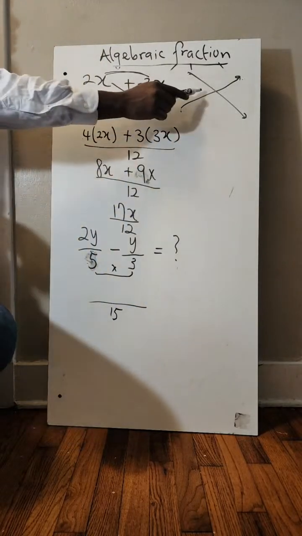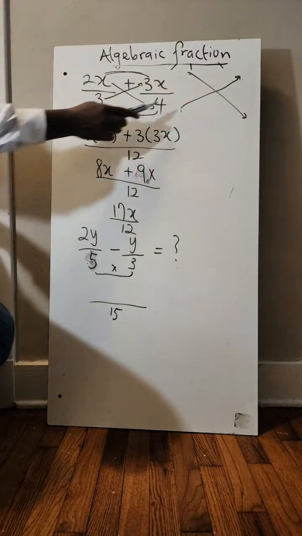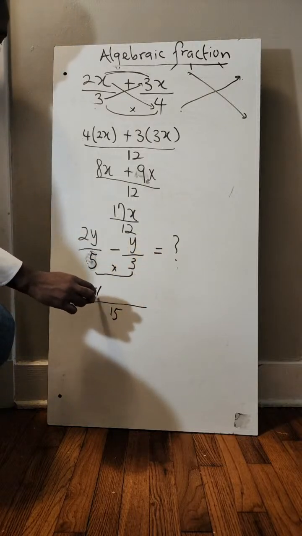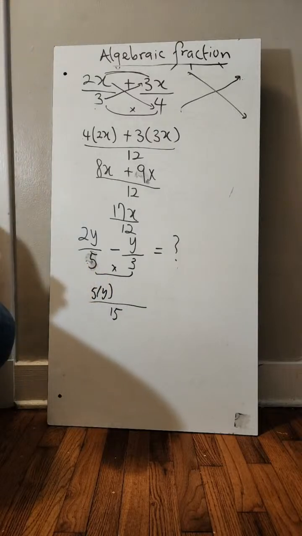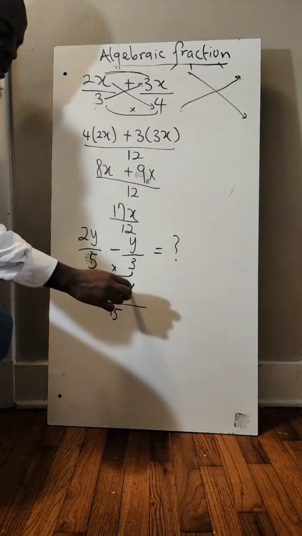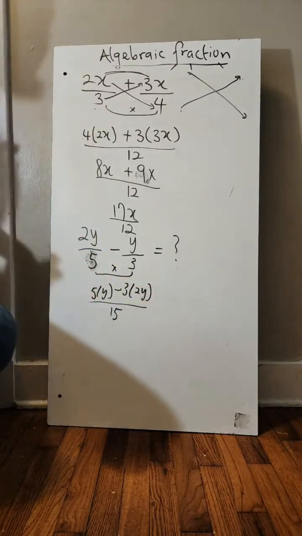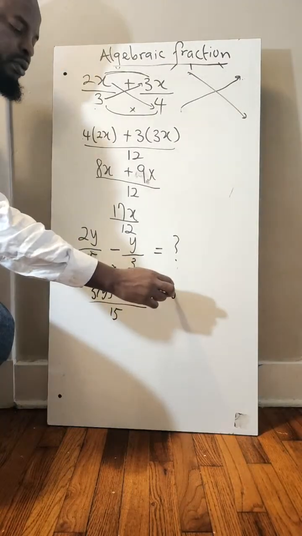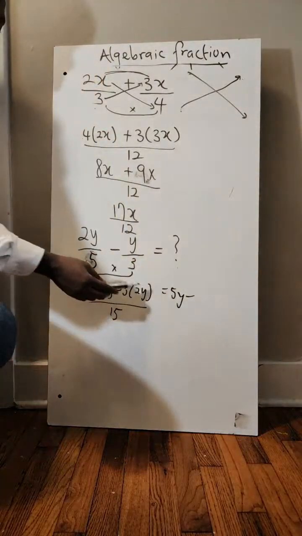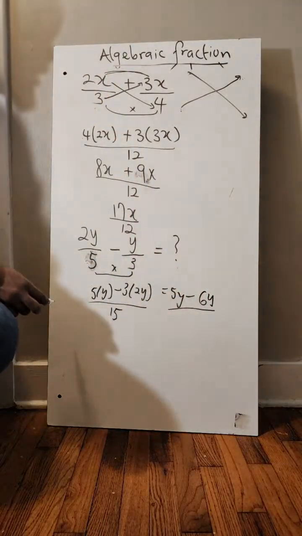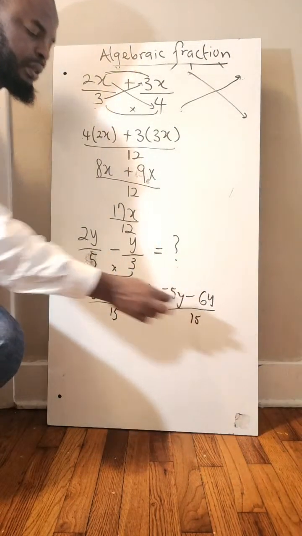The next thing to do is to apply this rule. Here we have 5 multiplying y, minus we have 3 multiplying 2y. 5 multiplied by y gives 5y, minus 3 multiplied by 2y gives 6y, divided by the common denominator, which is 15.